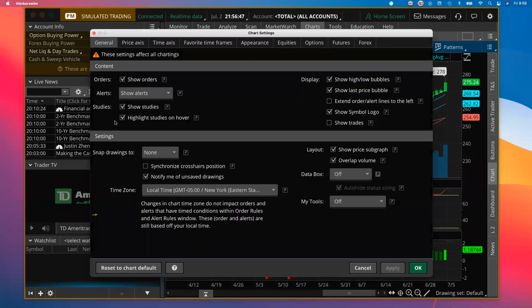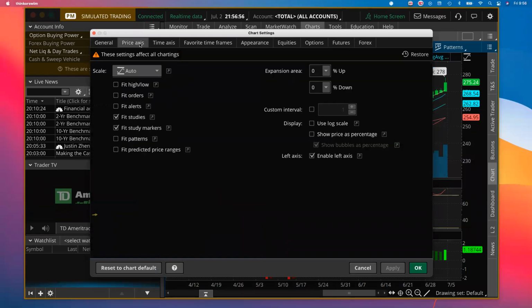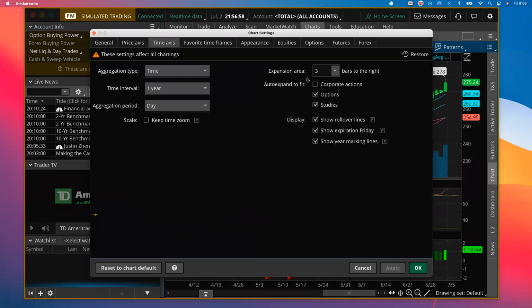I always set mine to fill in. Another thing I like to do is, in the time settings, I always like to leave 3 bars on the right of empty space. So as the next bar begins, I still have this little gray space, where I don't have to read the last bar squeezed up against the edge of the chart.